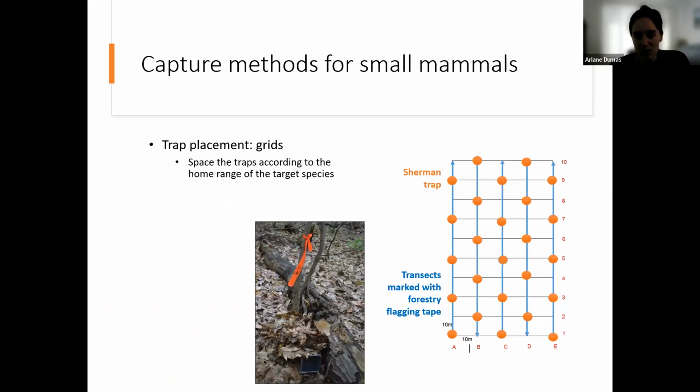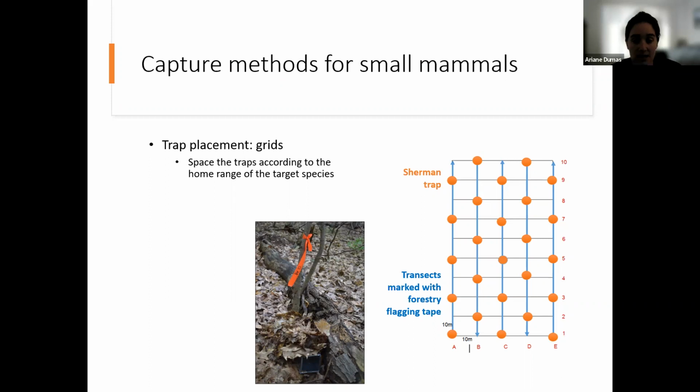Here I have illustrated the layout of the traps in a grid. This is a layout that we commonly use for capturing mice. The size of the grids can be adjusted according to the effort required for your study, depending on your objectives.